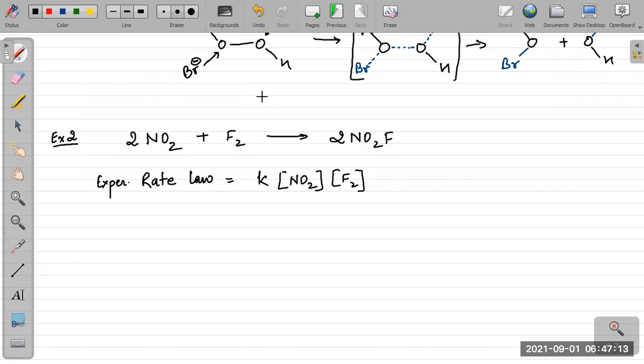This simply means if this is the rate law, then the slowest step will be the one in which one molecule of NO2 and one molecule of F2 will be interacting, right?